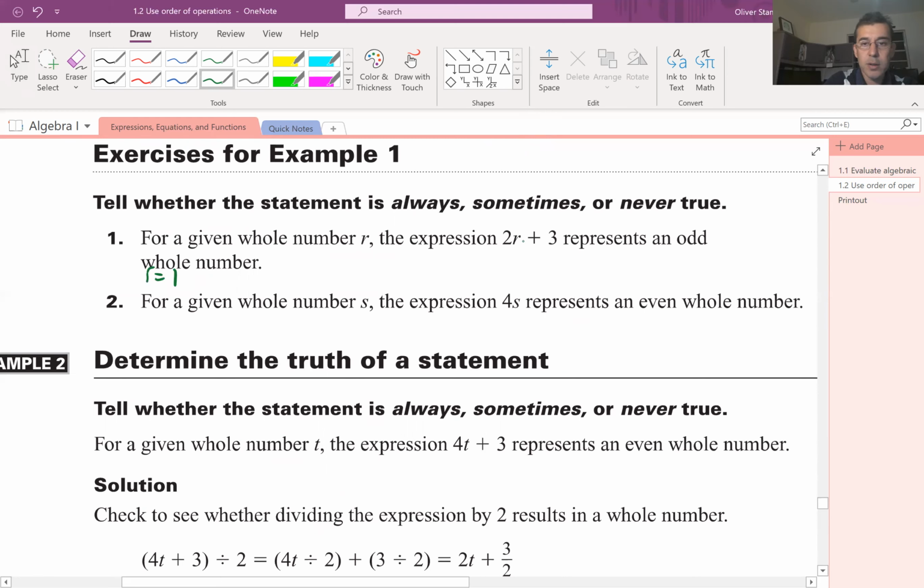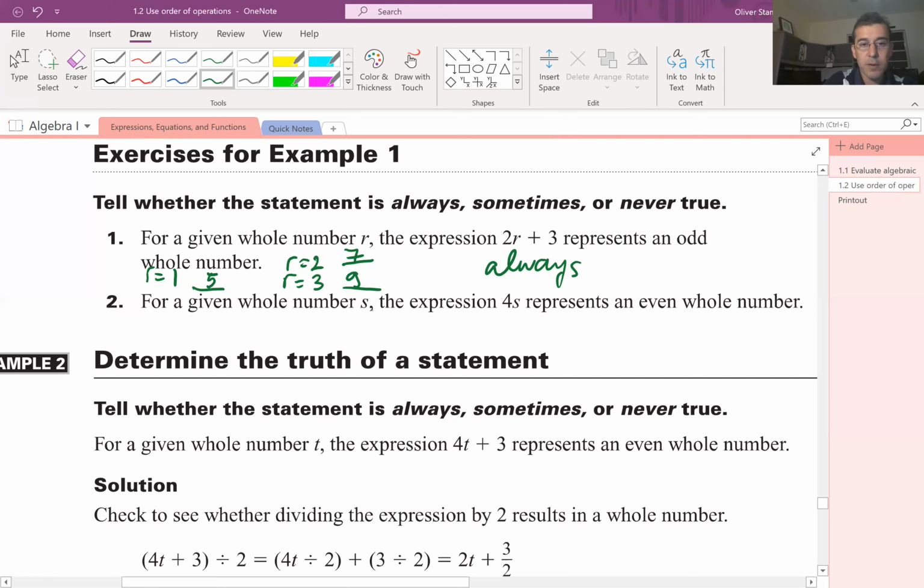If r equals 1, 2 times 1 is 2 plus 3 is 5. And then if r is 2, 2 times 2 is 4 plus 3 is 7. If r is 3, 2 times 3 is 6 plus 3 is 9. So we can see that it's always an odd number, right? So it's always. So that was number 1.